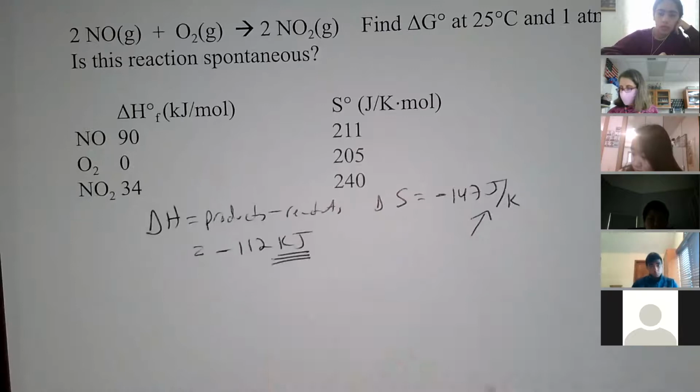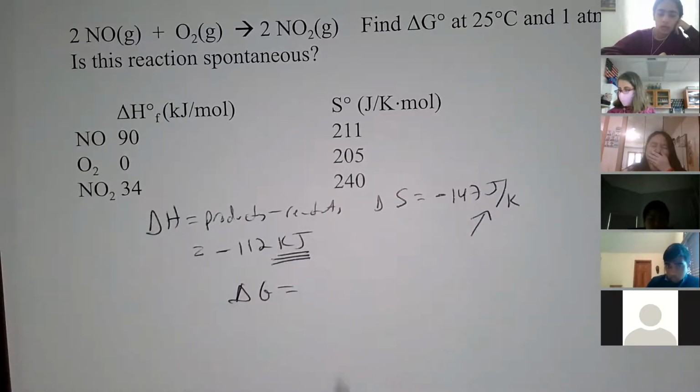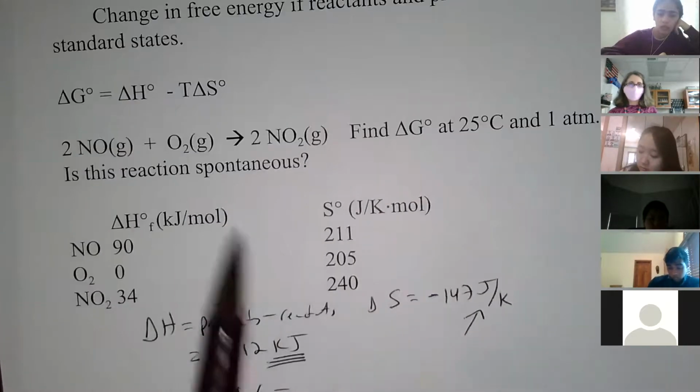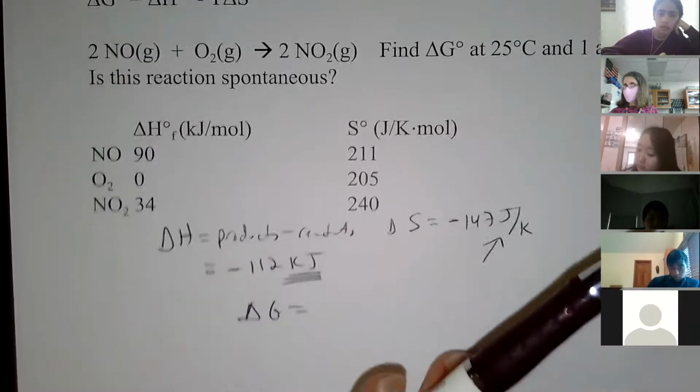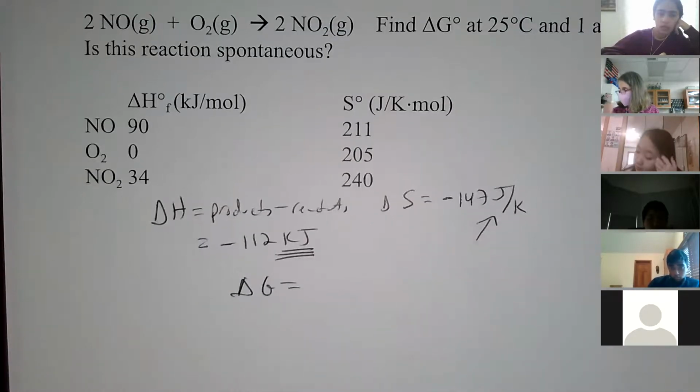So when you are trying to do your delta G, you need to be careful that you convert to one or the other. See if you can find the delta G, at 25 degrees Celsius, please.